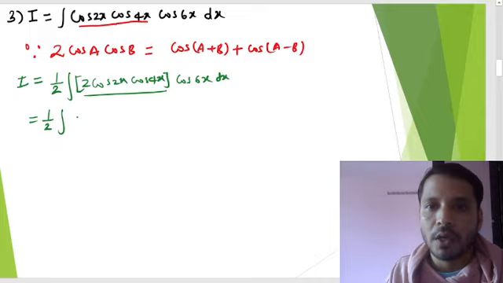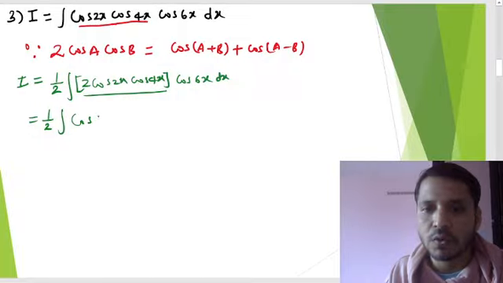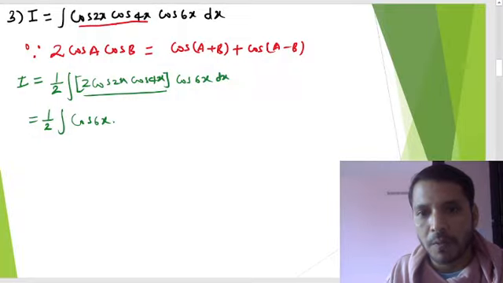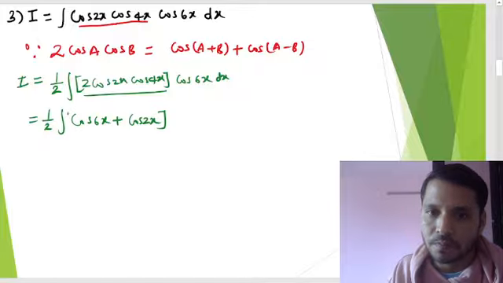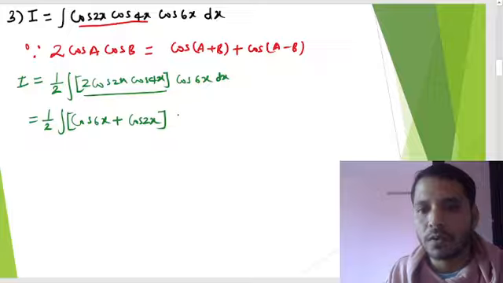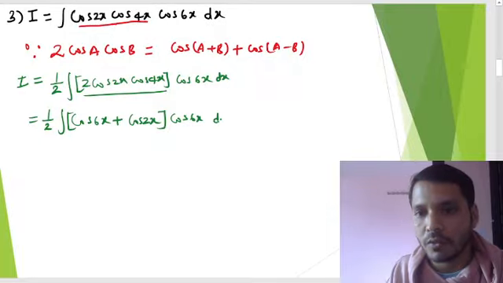Integration of, here we can write cos of A plus B, that means 2 plus 4, 6x, plus cos of A minus B, that means 2x. Right, here bracket close, and cos of 6x, this 6x will be as it is, into dx.